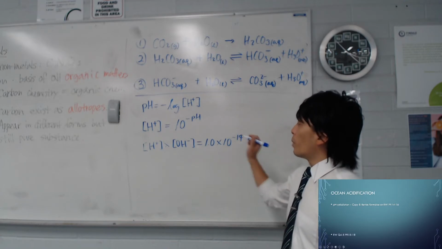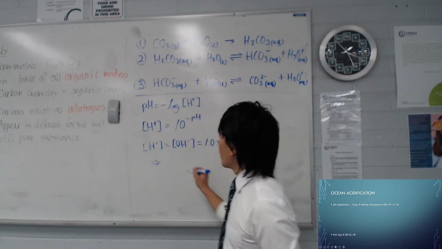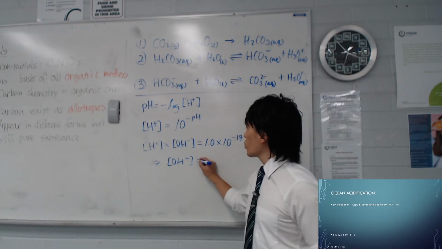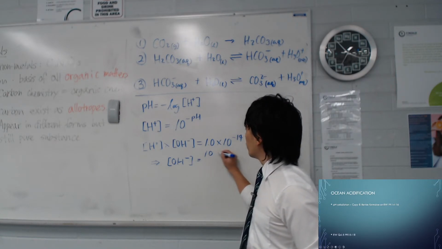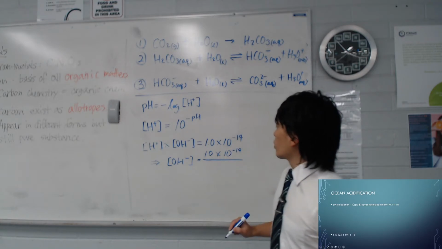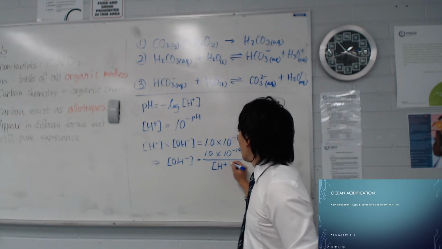So, by rearranging this, you can then find OH minus, for example, as 1 times 10 to the power of negative 14 over H+.